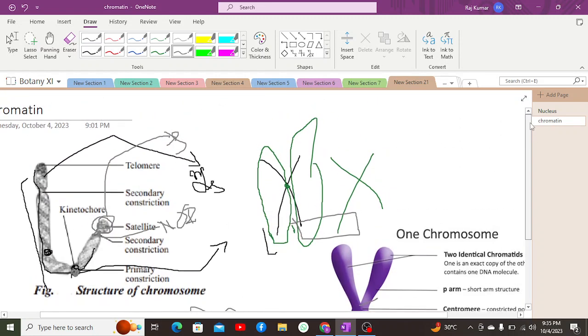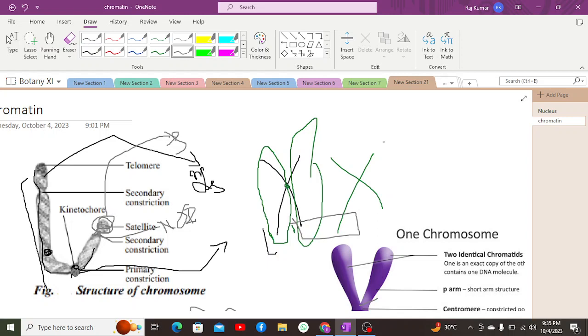Apart from which, chromosome number is different in different species. For example, in corn it is 20, in Glycine max it is 20, and in sweet pea, Pisum sativum, also known as garden pea, it is 14. The fruit fly, Drosophila melanogaster, which is its scientific name, has a chromosome number of 6.